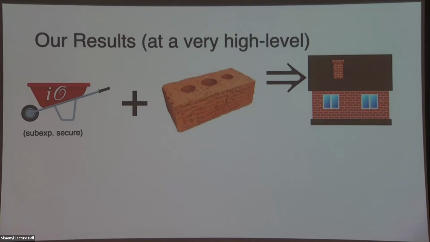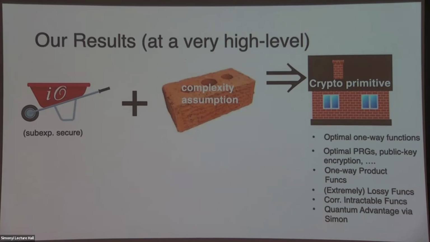And then brick is going to be a complexity assumption, something like P not equal to NP, NP not equal to co-NP, or maybe quantitative strengthenings of that. And then house is going to be cryptographic. Our results say that if you have IO plus some appropriate complexity assumption, which might involve, at the very least, having some function which has that hardness, then you get a whole bunch of stuff.